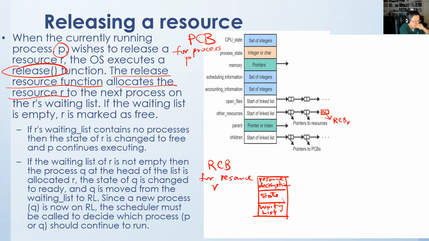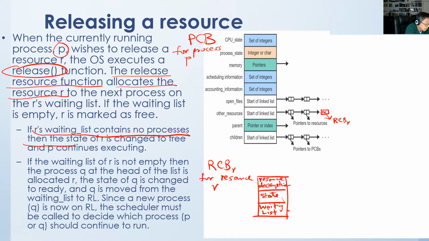I call it RCB R. So now, if P wishes to release the resource R, and R's waiting list contains no process, the waiting list is empty.